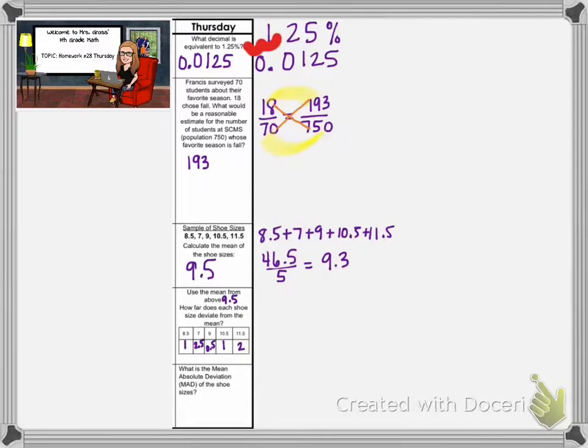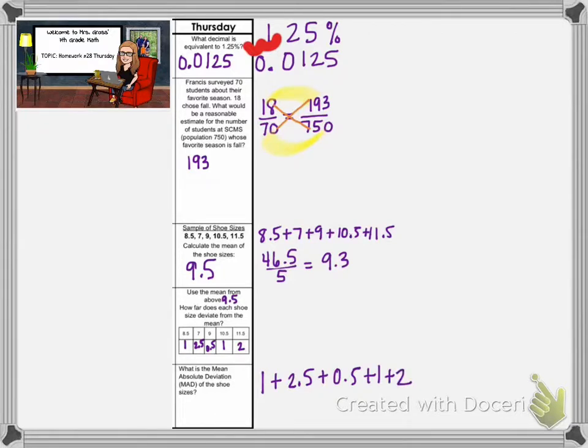And then for that last question, what's the mean absolute deviation? Remember, the mean absolute deviation is the average of all the deviations. So you're going to take these numbers that we just did, and we're going to find the mean of those. So we're going to add together 1 plus 2.5 plus a half plus 1 plus 2.